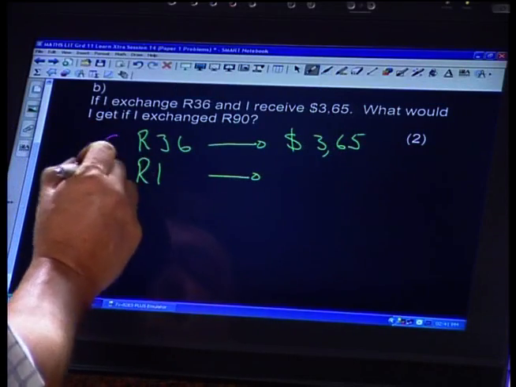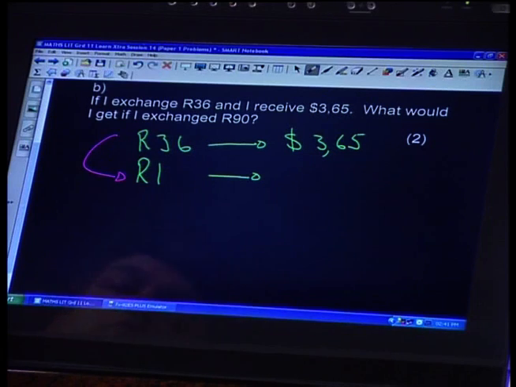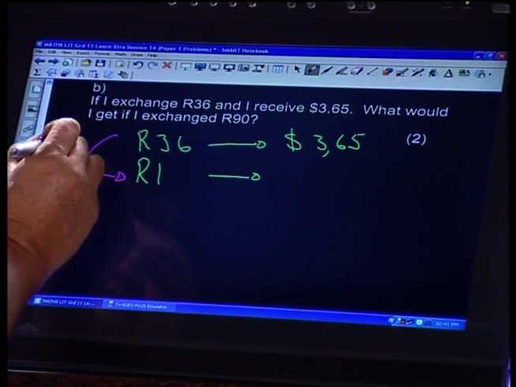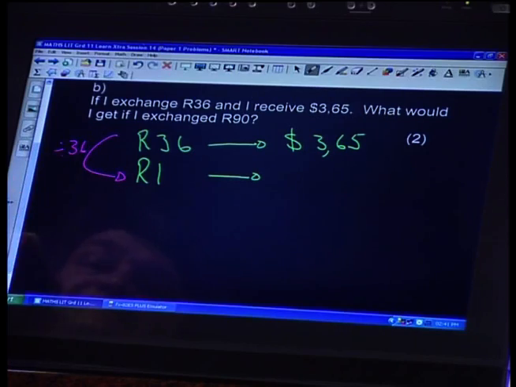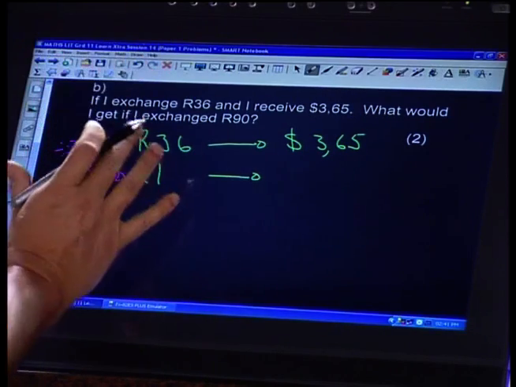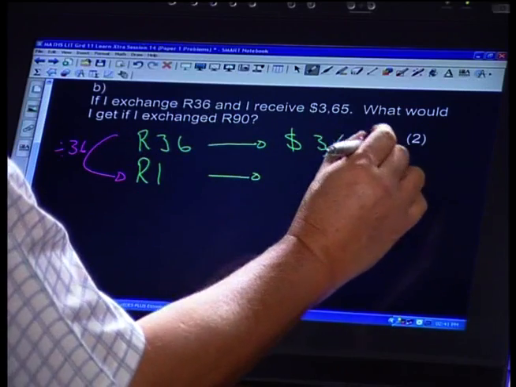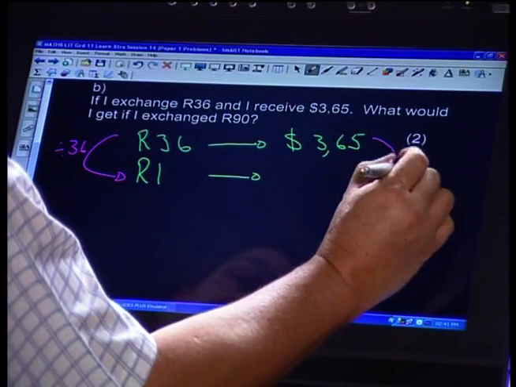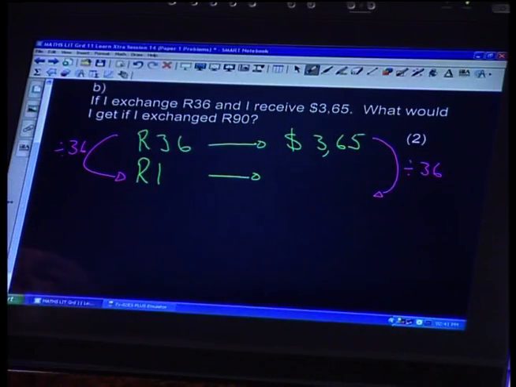How did I get that 36 to become a 1? I divided it by 36. And what I do to this side, I'm going to have to do to that side as well. So I'm also going to divide that by 36. And that's an important rule to remember. Okay? What you do to the one ratio, you've got to do to the other.